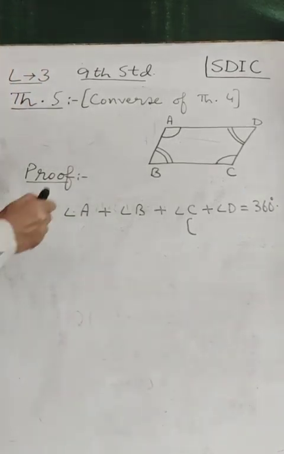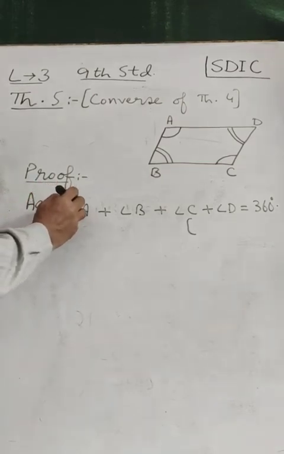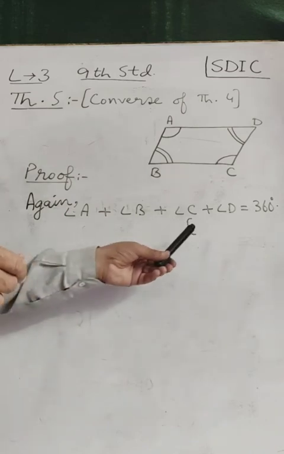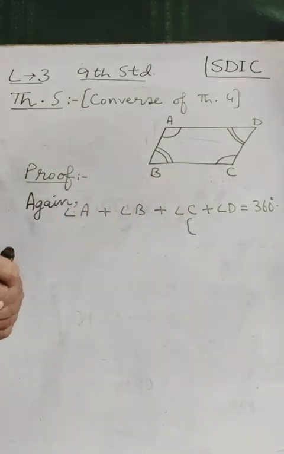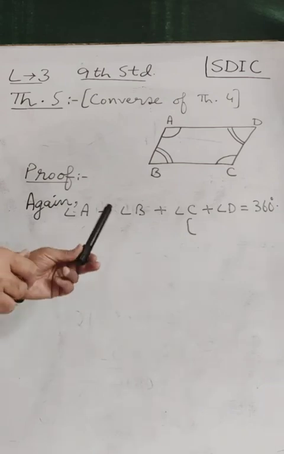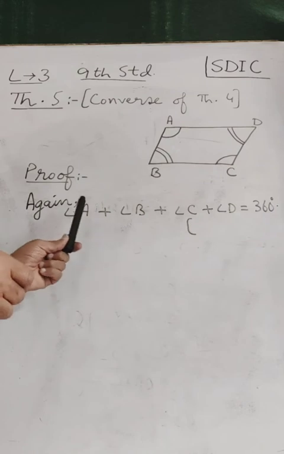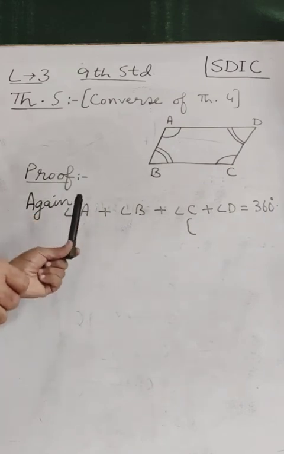Again, angle A plus angle B plus angle C plus angle D is equal to 360 degrees. Angle sum property of quadrilateral. And then as I said, out of angle A and angle B which we eliminated previously, only one will be eliminated.